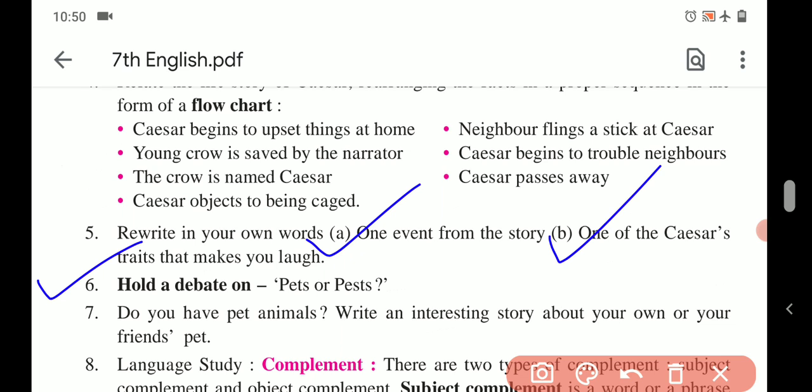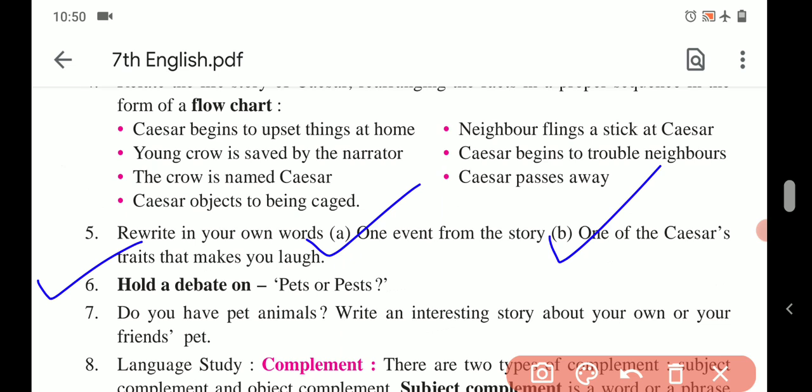So the author had the crow that was the pest of that house. He used to trouble everyone, annoy everyone, make everyone angry, irritate everyone. So he was a pest. So you have to write a few lines about pets and a few lines about pests.